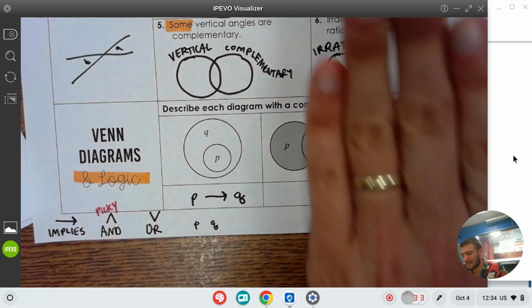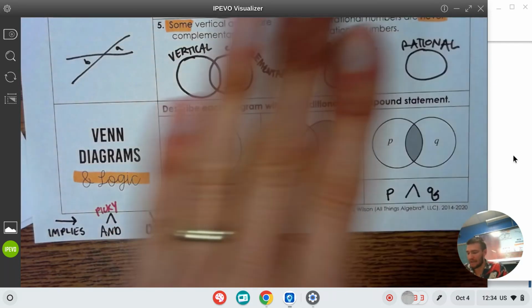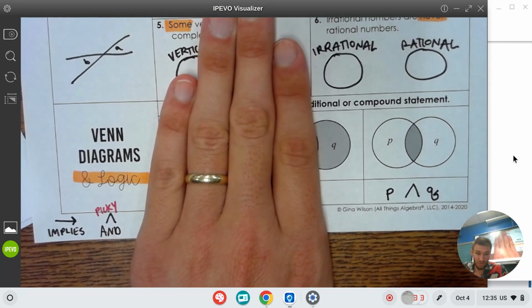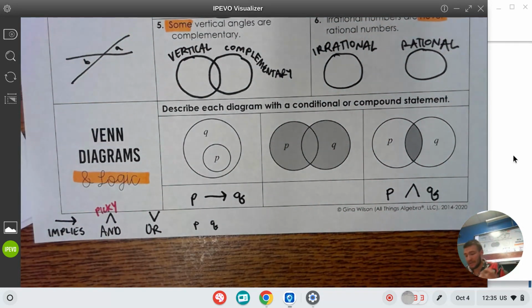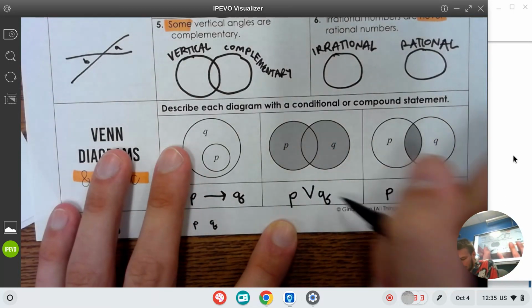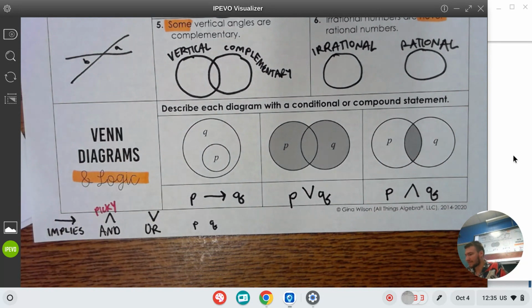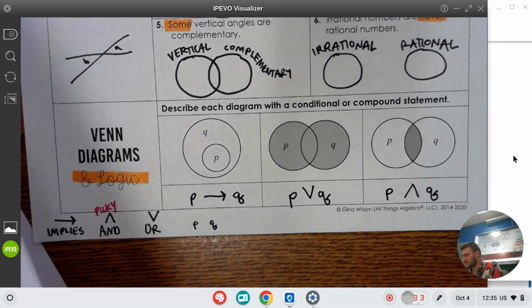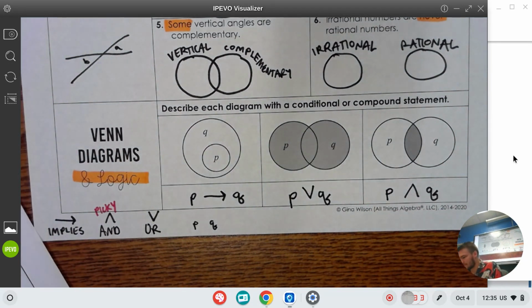You're allowed to be only P. You're allowed to be only Q. You're allowed to be both P and Q. This is our OR setup. All right.